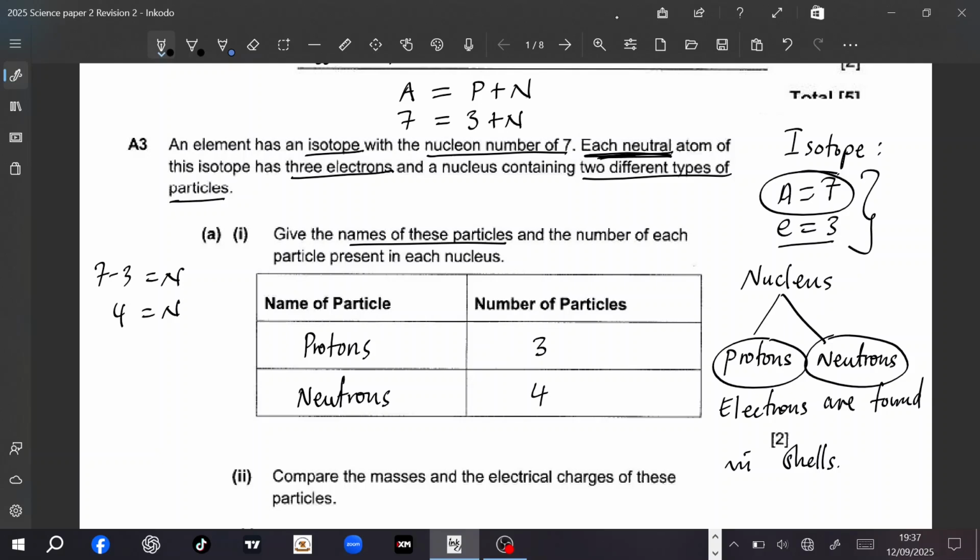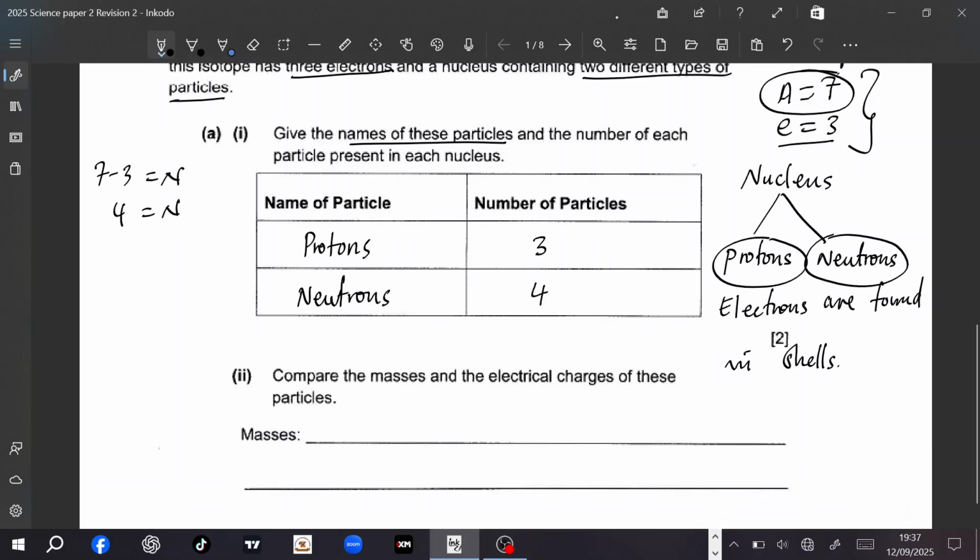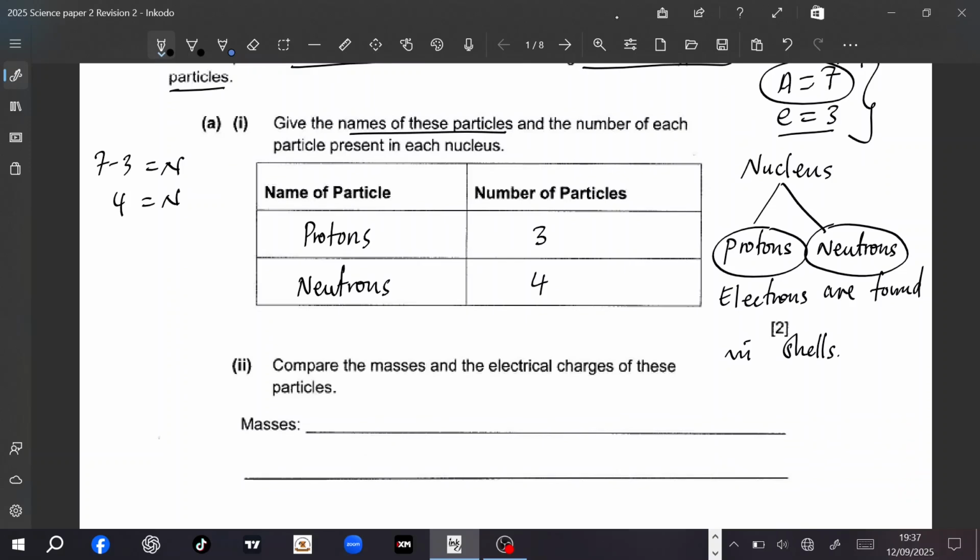Okay? So this is how we are supposed to dissect the information here. Then we move on to Roman numeral 3, compare the masses and the electrical charges of these particles. We compare the masses and electrical charges of these particles.